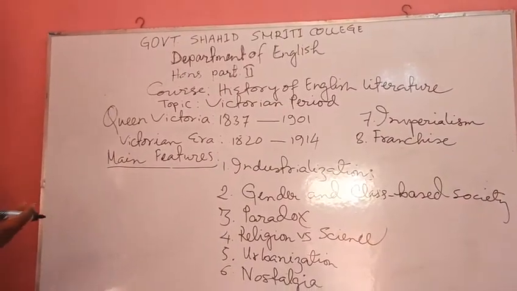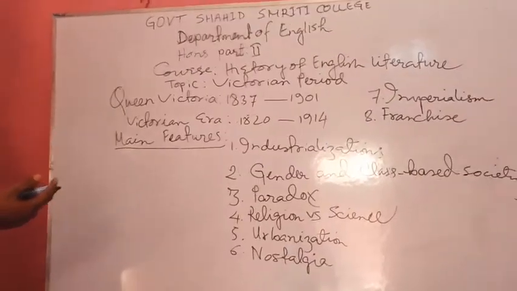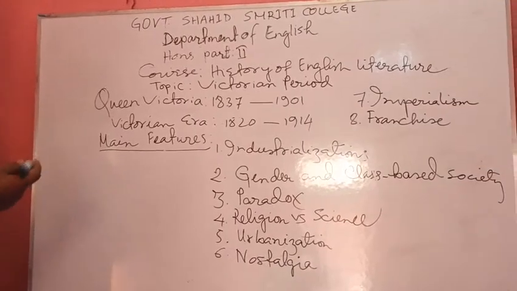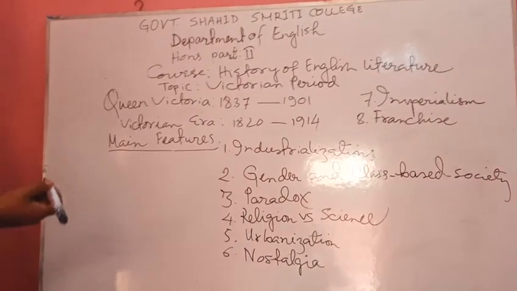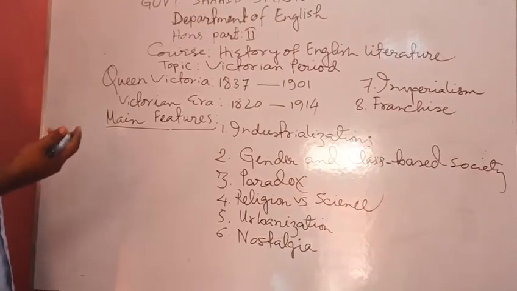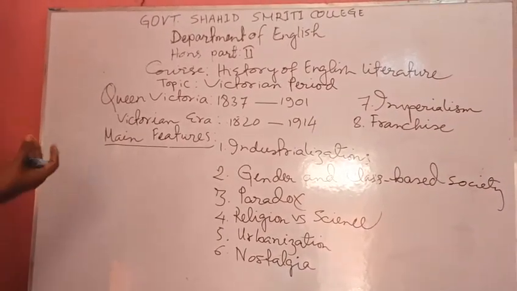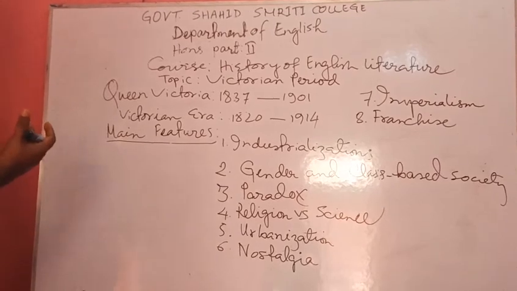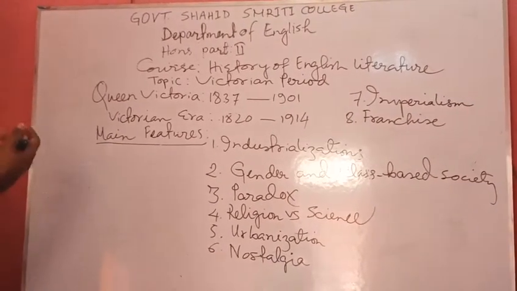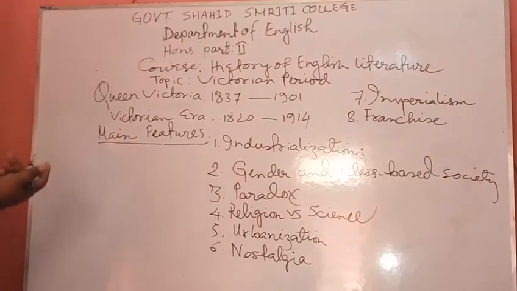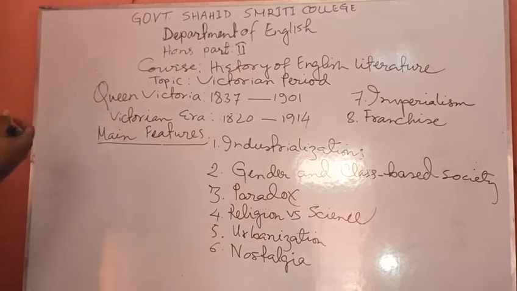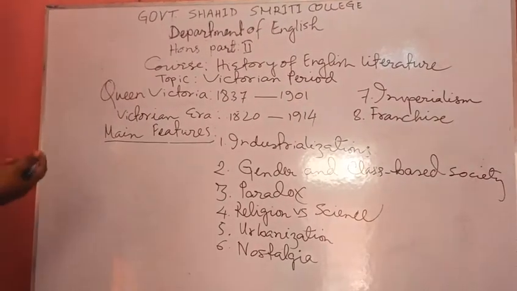Dear students, as you know, you do have the history of English literature in your syllabus. This is a vital course, and students of English literature are expected to have a deep knowledge about different periods, their characteristics, and the literatures produced in those ages.